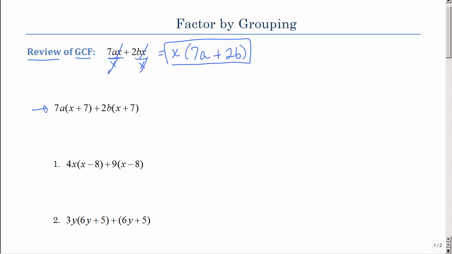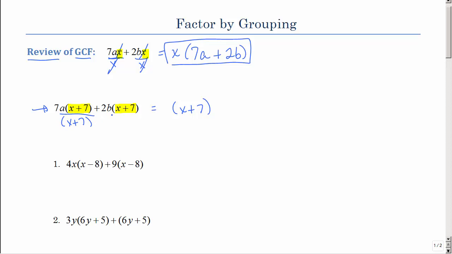In this next one, it looks almost exactly the same, but instead of an x in common, they have an x plus 7. So a greatest common factor does not necessarily have to be a monomial. A common factor can be a binomial. So they each have an x plus 7 in common.